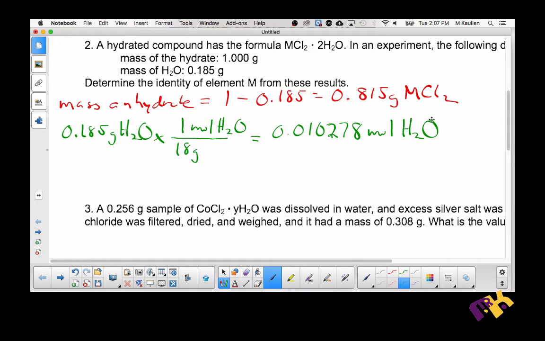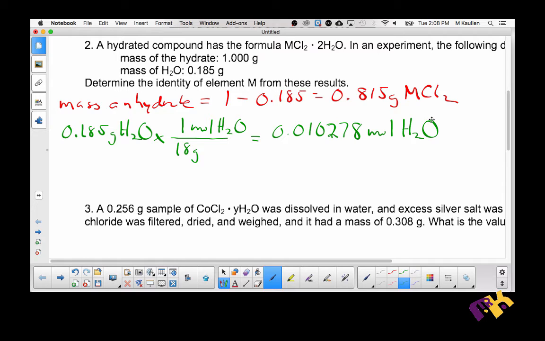This is the same reasoning that we used in order to determine problem 1 in your post-lab questions, where we had the inert material. We said we could use the formula of the hydrate because the formula tells us the ratio of things, doesn't it? It tells us that for every 2 moles of water, there is 1 mole of the anhydrate, or 1 mole of the hydrate to begin with. So we can use that information.